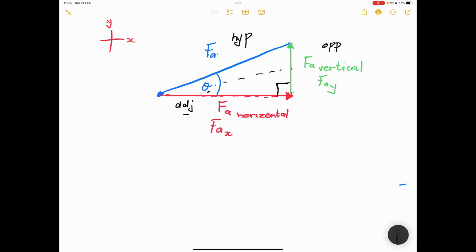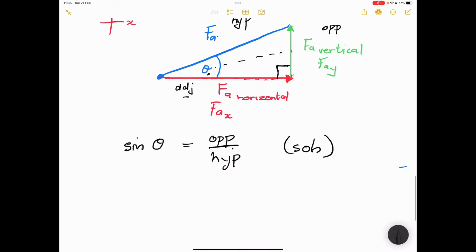Now, what we said is, if you take the sine of any angle, the sine of theta in this case, it becomes opposite over hypotenuse. We use the mnemonic there.